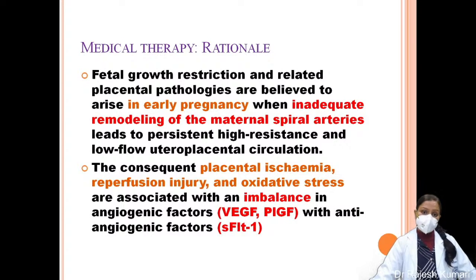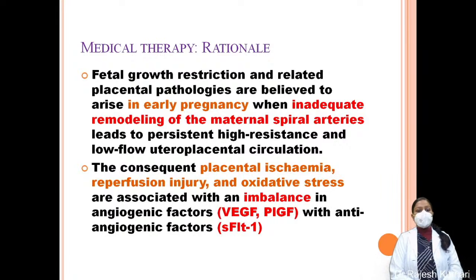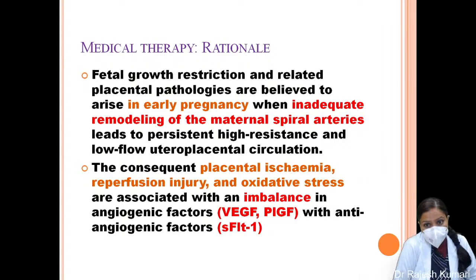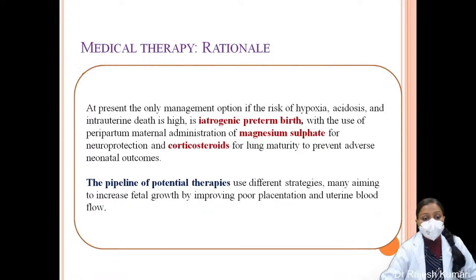Medical therapy rationale: fetal growth restriction and related placental pathologies are believed to arise in early pregnancy when inadequate remodeling of maternal spiral arteries leads to persistent high resistance and low flow uteroplacental circulation. The consequent placental ischemia, reperfusion injury, and oxidative stress are associated with an imbalance of angiogenic factors and anti-angiogenic factors.